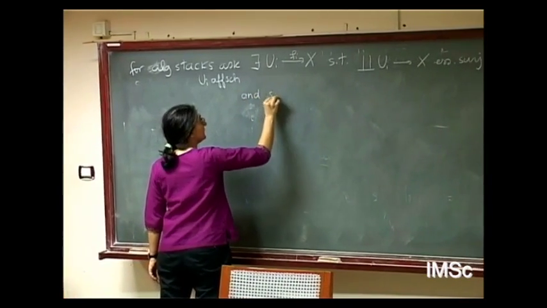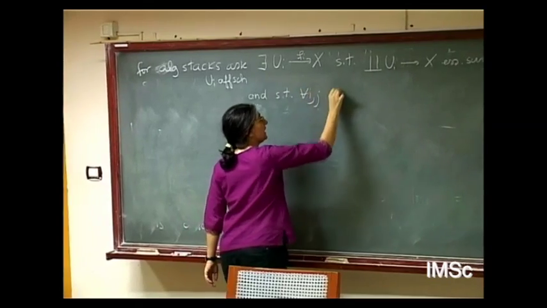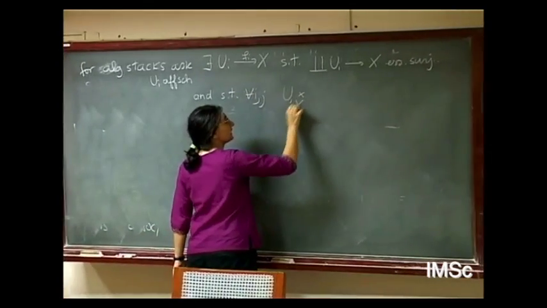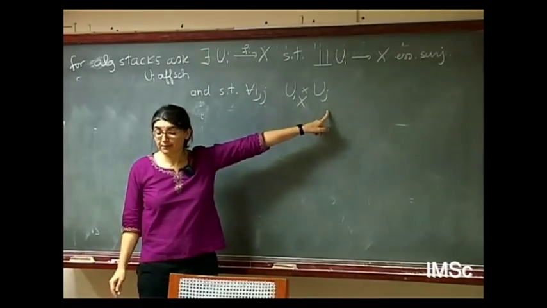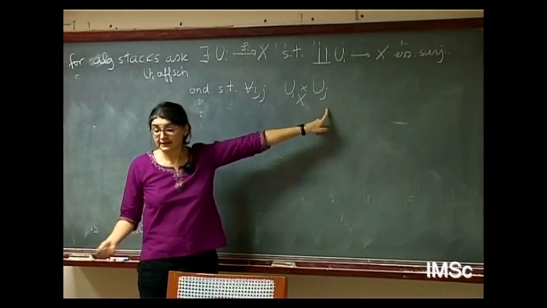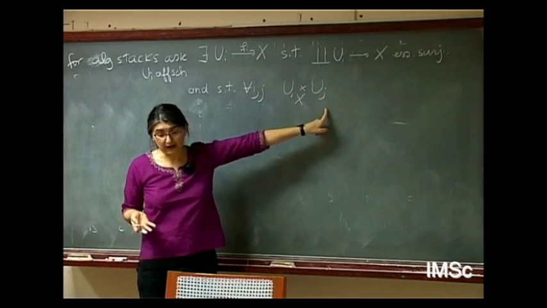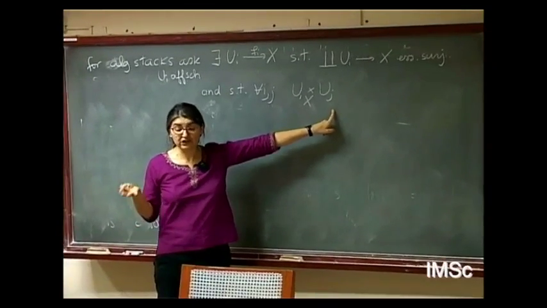And then for all i and j, you take this fiber product, but this is a fiber product as a category. And this category is automatically a set. It's what is called a rigid category.